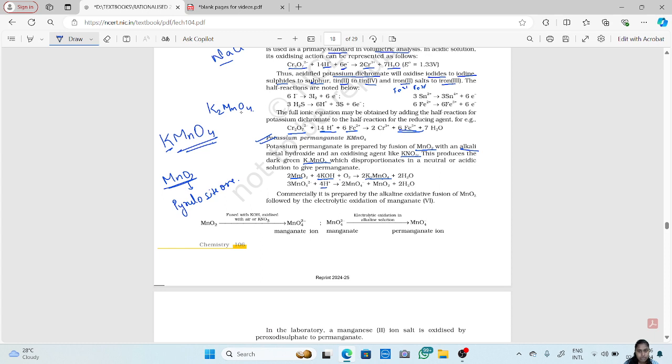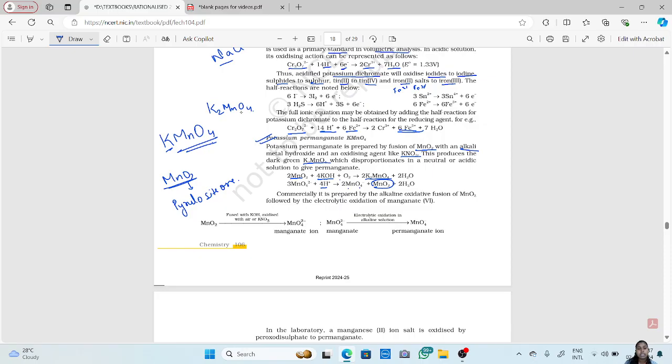By using an acidic solution, we get KMnO4, and MnO2 ore is again released, which we can use again for the preparation of KMnO4 solution. Now, commercially, it is prepared by alkaline oxidative fusion of MnO2 followed by the electrolytic oxidation of manganate.